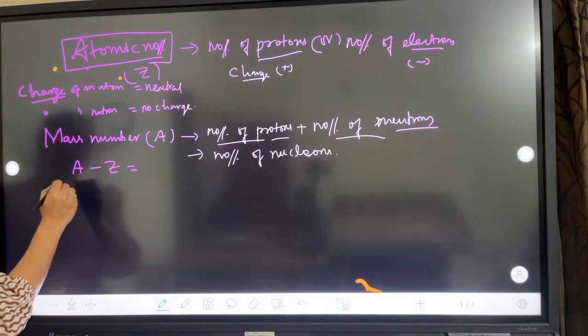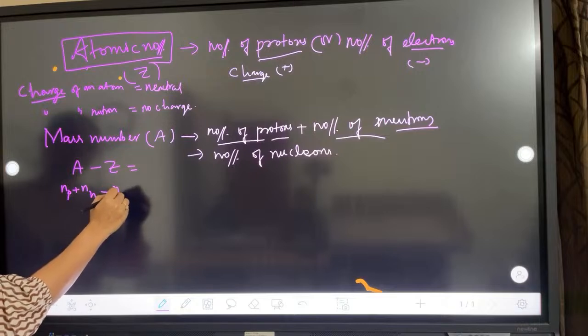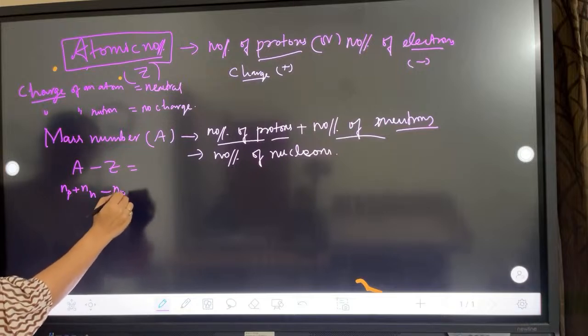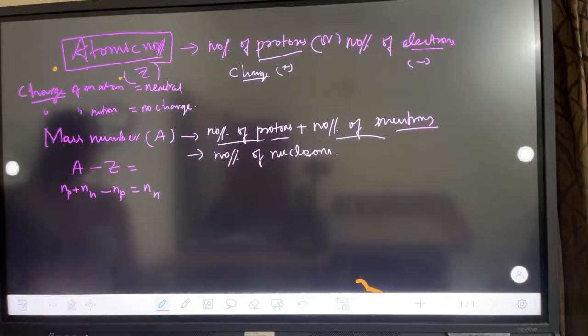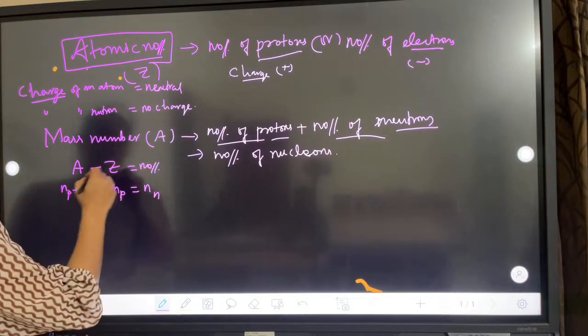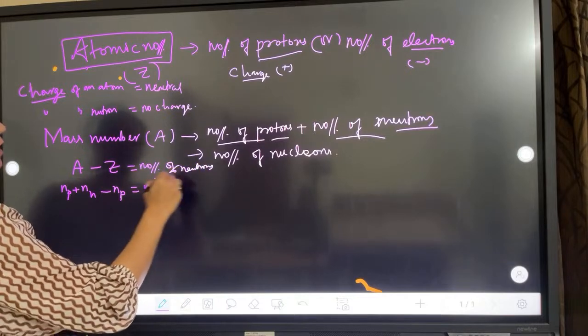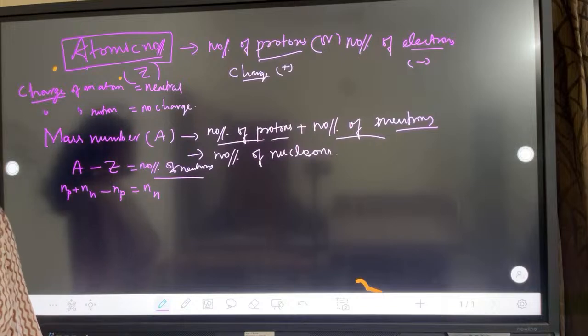From this, what is the mass number? Number of protons plus number of neutrons. So if you subtract A minus Z, then that is the number of neutrons. Likewise, you can easily find the number of neutrons.